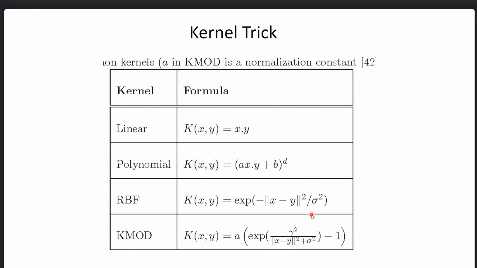So its dimensionality is infinity. But let's not get into the mathematical level. What we need to know is that this radial basis function kernel is quite good, and actually this is the most used kernel, because you can tune it to suit your complexity so that it doesn't overfit or underfit.